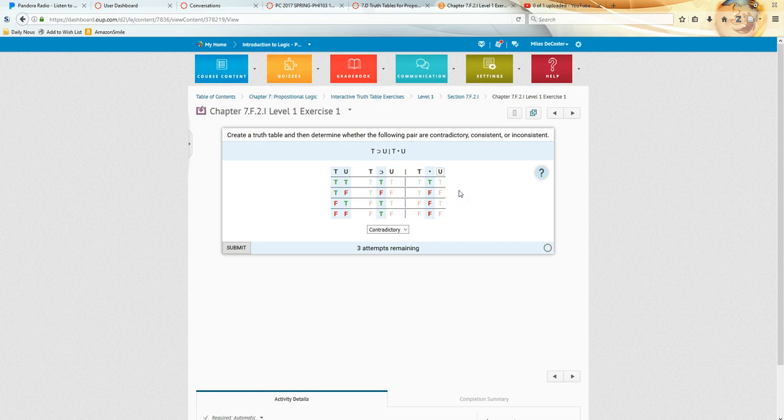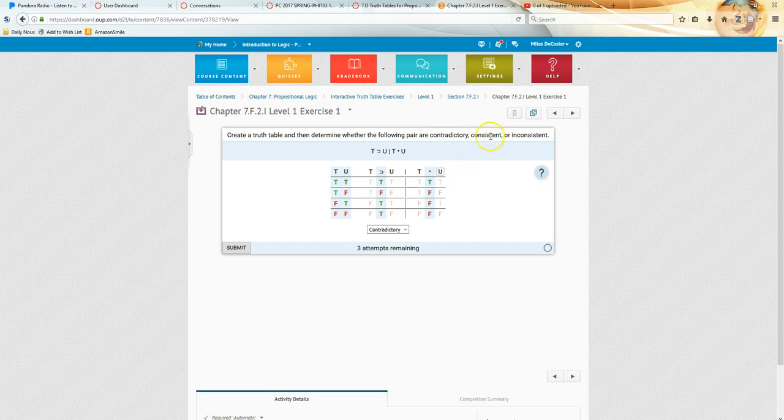When I look at this one, there is a line where they're both true at the same time, so this is not inconsistent. The hallmark of an inconsistent set of claims is that there's no line where they're both true at the same time. Inconsistent statements could be pretty close to contradictory statements. The only distinction is that a contradictory pair always has opposite truth values. Inconsistent statements can have the same truth values. They can both be false. They just don't have any line where they're both true at the same time.